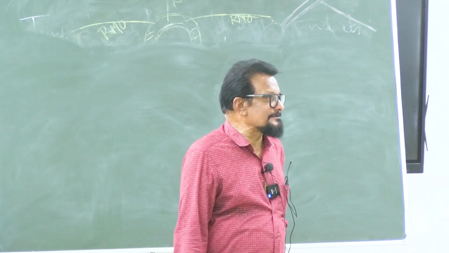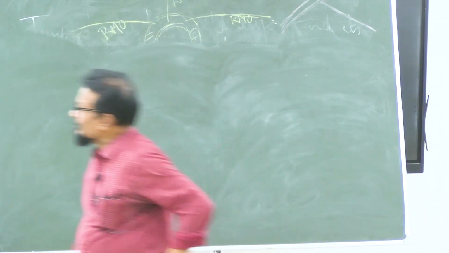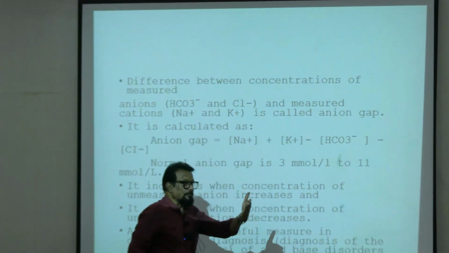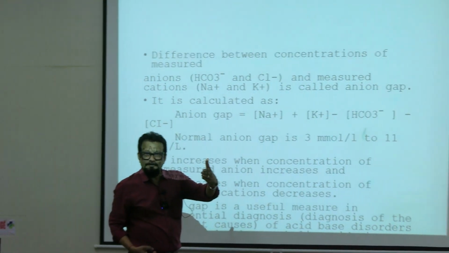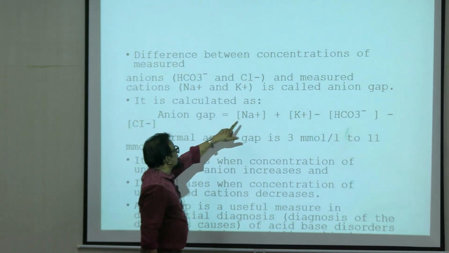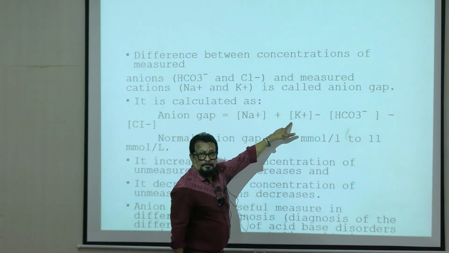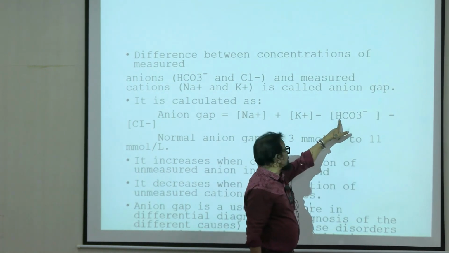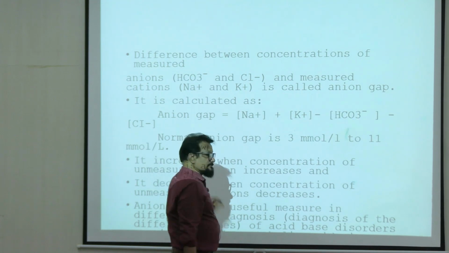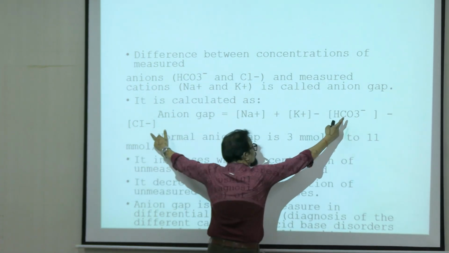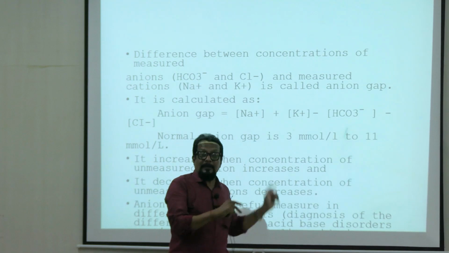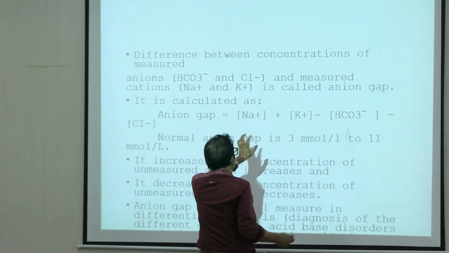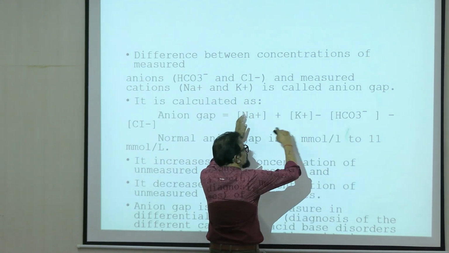How is Anion Gap measured? You get the report of electrolytes. You get the sodium concentration and the potassium concentration. Sum them. You also get the bicarbonate concentration and chloride concentration. Sum these two, cationic and anionic concentrations. The sum of the cations will be high relative to the anions.